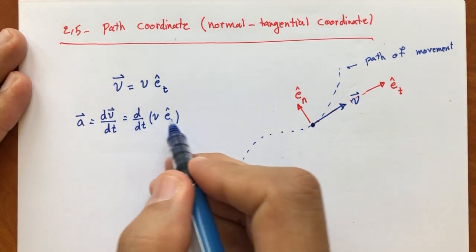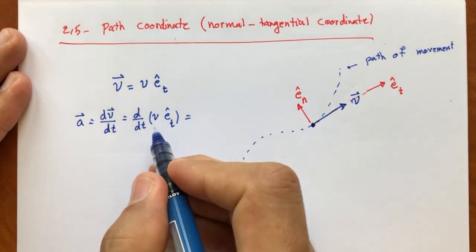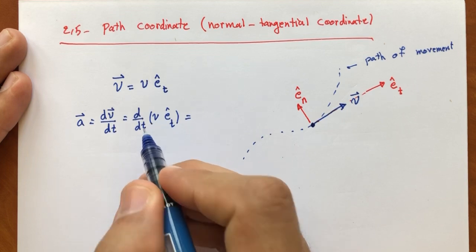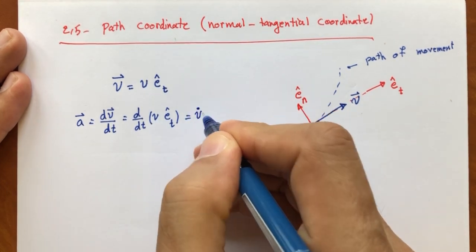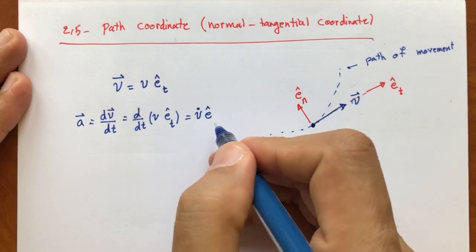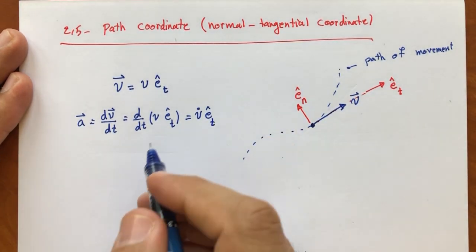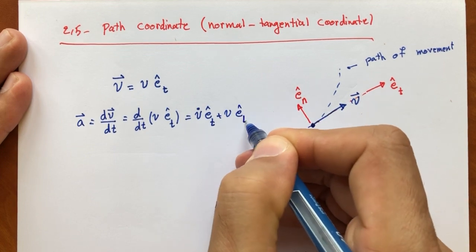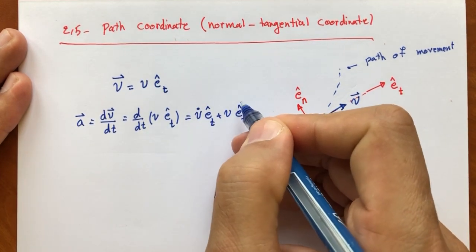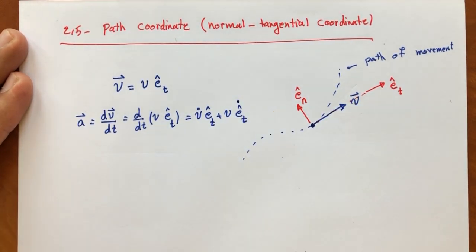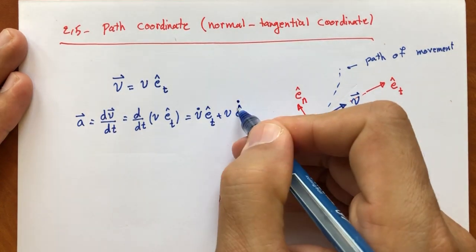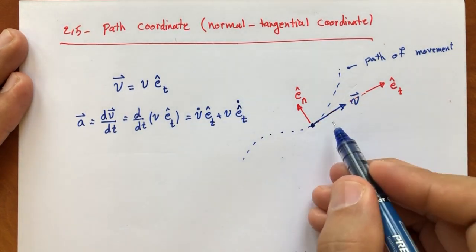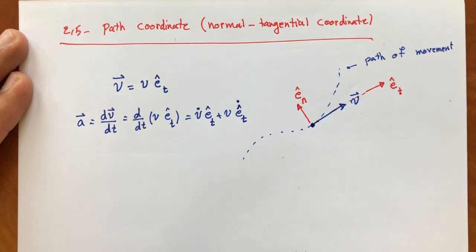Using chain rule, this derivative is equal to a derivative of velocity, which is v dot times e hat T plus v times the rate of change of e hat T, or e hat T dot, right? This is derivative of e hat T, how this e hat T is changing with time.